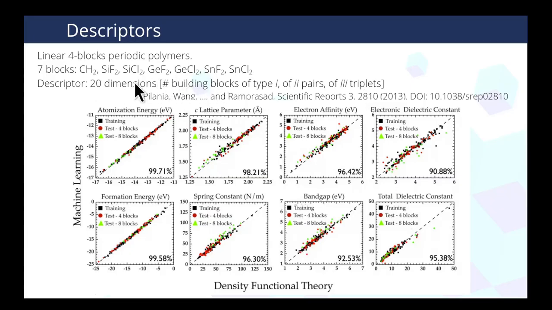So it's 20 because the number of building block 1 is defined by the others. You have 21 dimensions minus 1 because 1 is redundant. So you have basically a 20-dimensional array of numbers, and each of them essentially represents any possible polymer uniquely.